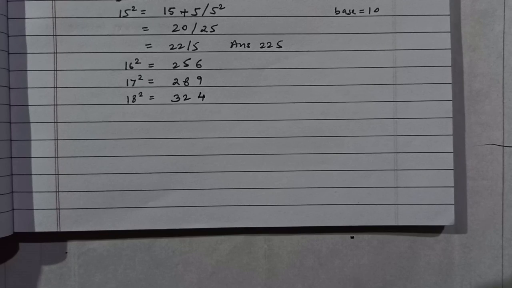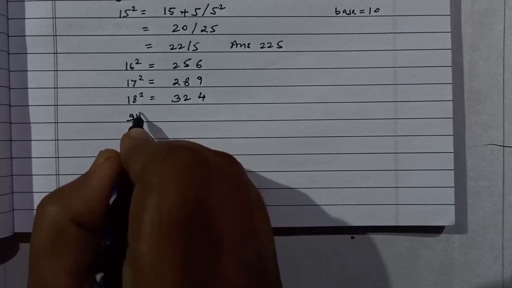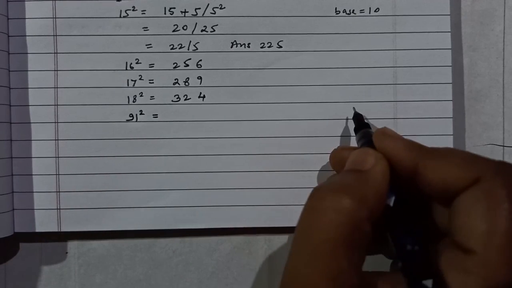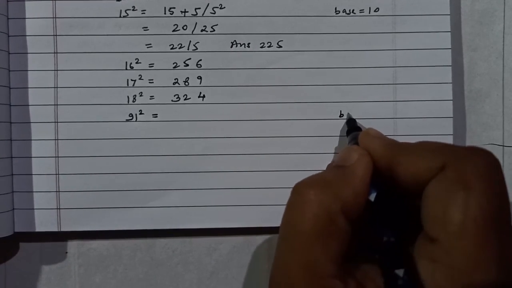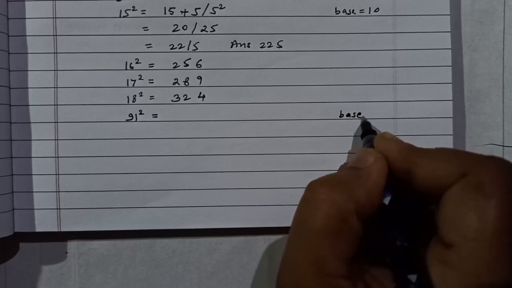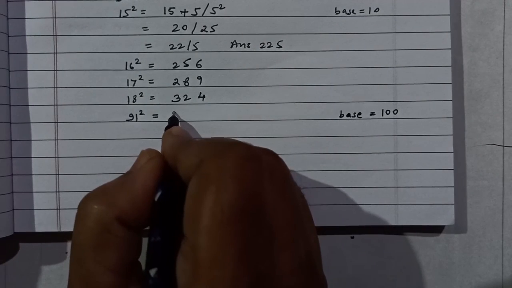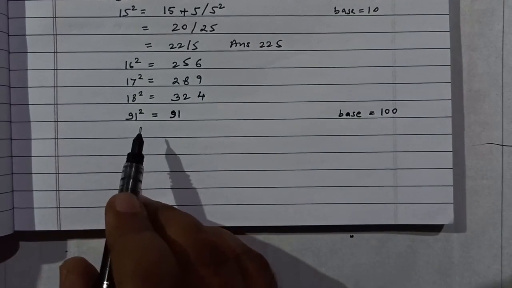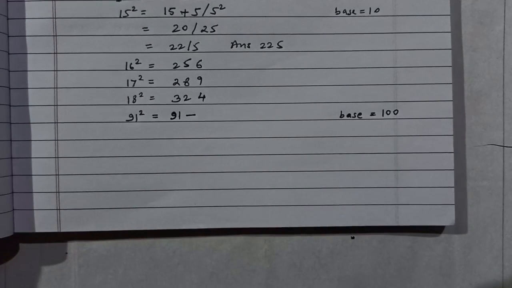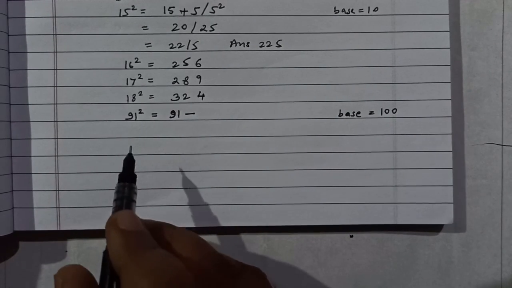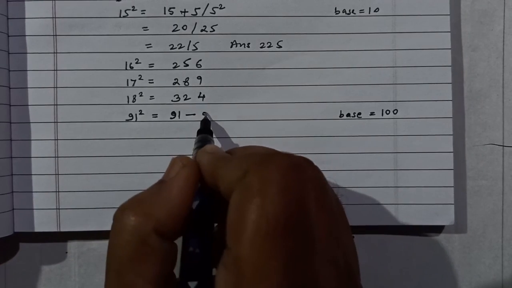Now, 91 square. 91 is closest to 100, so base 100, number is 91. 91 is less than 100, so we take the negative sign, and deviation is the difference of 91 and 100, which is 9.